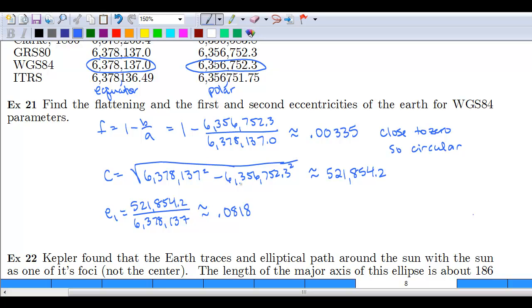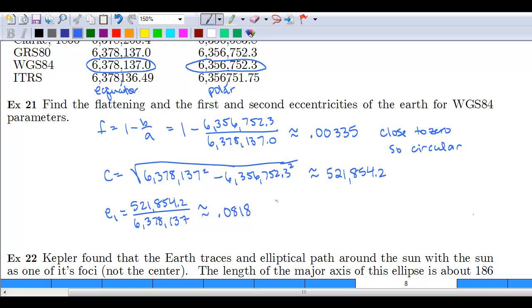Again, not very squished, somewhat circular. So this is telling us our focus point is actually pretty close to the axis in comparison to the actual vertex here.